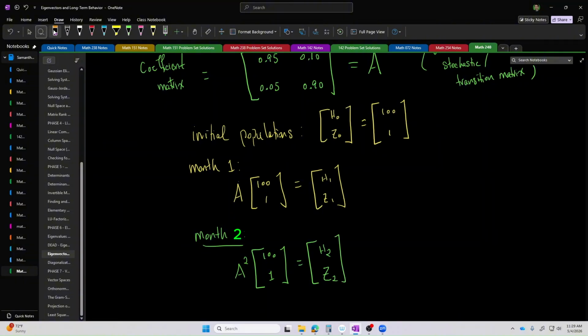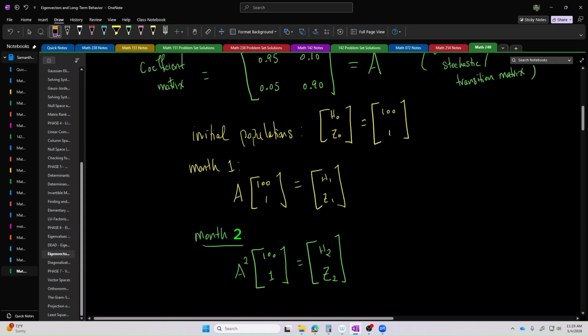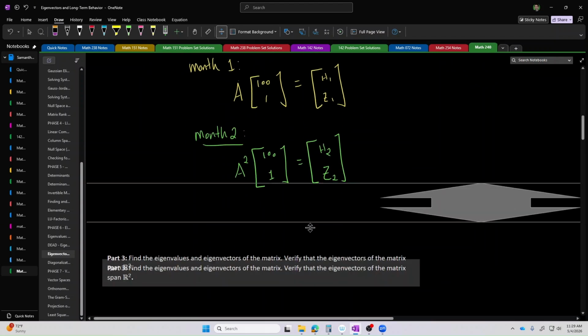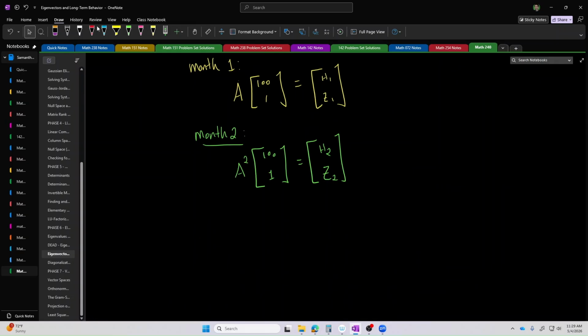If I wanted to know what was happening in the third month, I would need to multiply by 3 copies of the transition matrix A. If I wanted to know what was happening in 4 months, I would have to multiply by 4 copies of the transition matrix A. And if I wanted to know what was happening in 5 years, which is 60 months from now, it would require me to multiply by 60 copies of the transition matrix A.